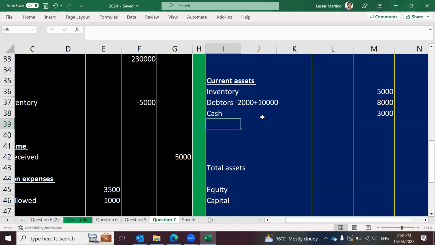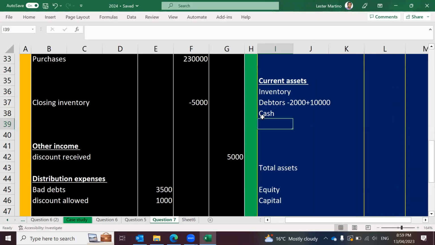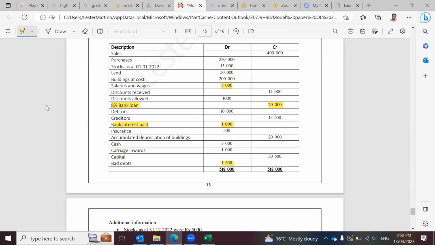Cash is in current asset. Next, carriage inwards 1,000, cost of sales. So purchases, carriage inwards, loading expenses, all are part and parcel of cost of sales figure. 1,000.